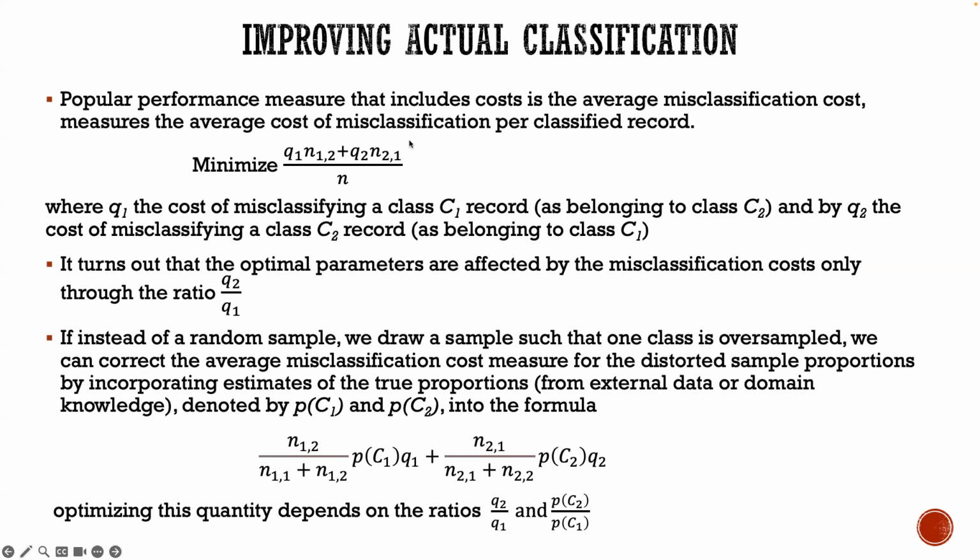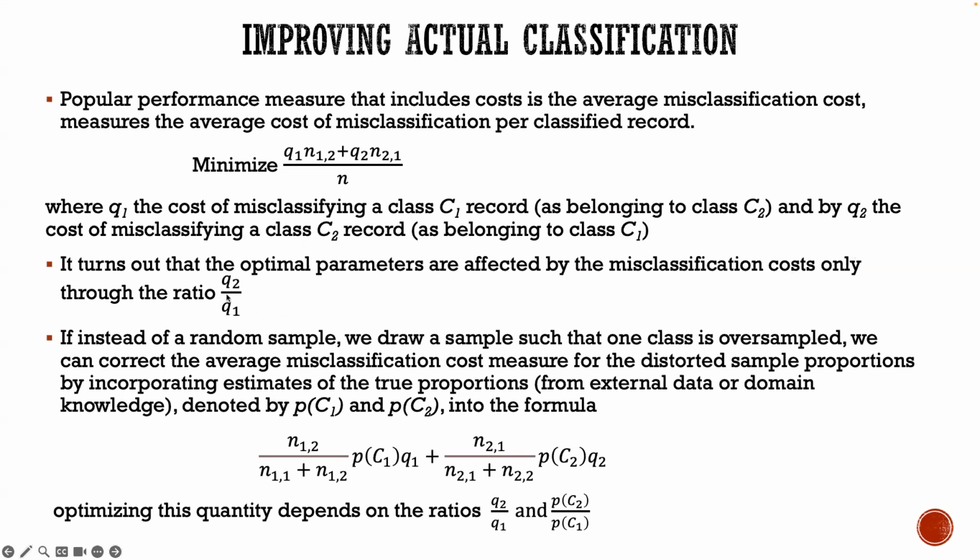It so happens that when we are minimizing this, the thing which matters is basically only this ratio. We want to see what is the ratio. The parameter we want to consider is such that the cost of misclassifying a class C1 record as belonging to class C2 is in the denominator and the cost of misclassifying a class C2 record as belonging to class C1 is in the numerator.